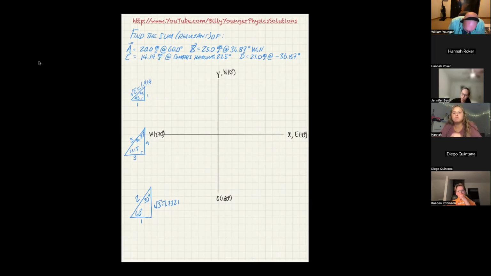So just for the record, I can draw that down here like this, and this, and this angle right here would be a positive angle, whereas this angle right here would be a negative angle.